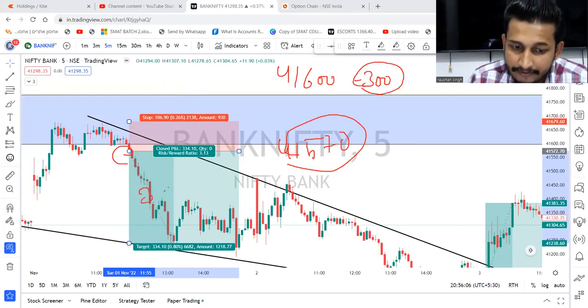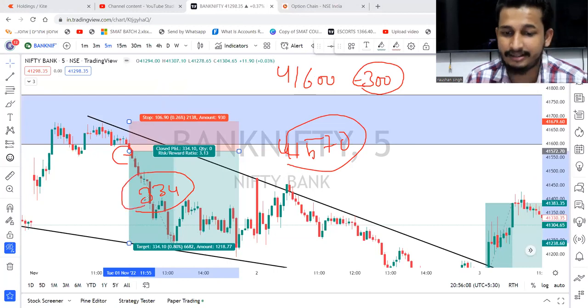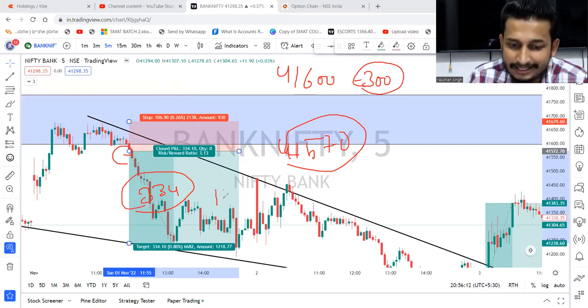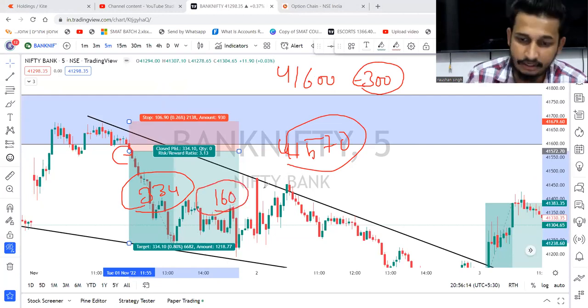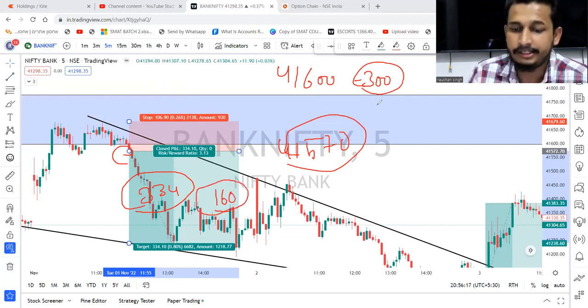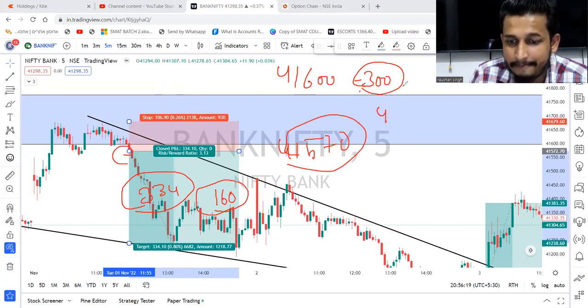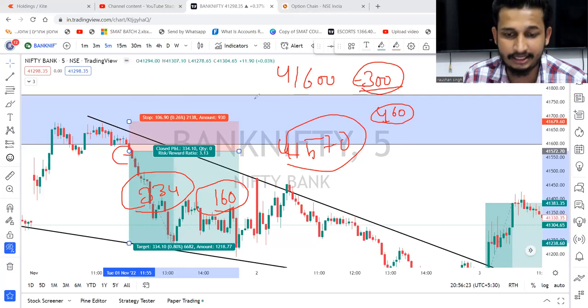So if Bank Nifty is moving by 334 rupees, it will be approximately giving me 160 rupees. एक 160 rupees के आसपास हमें मिलेगा, which means if I'm buying at this point of time, my target is going to be 460.